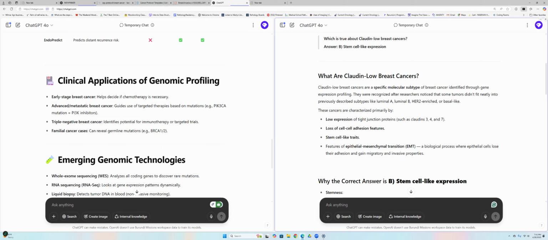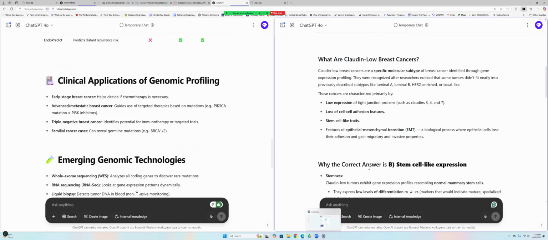So there'll be loss of cell adhesion features, and that will make them disseminate, right? Or break apart, like the brick wall formation will be difficult. And these Claudin-low breast cancers have stem cell-like traits. What is a stem cell-like trait?